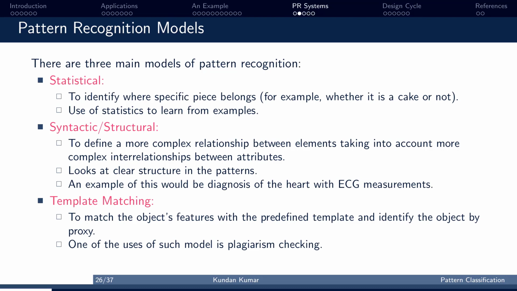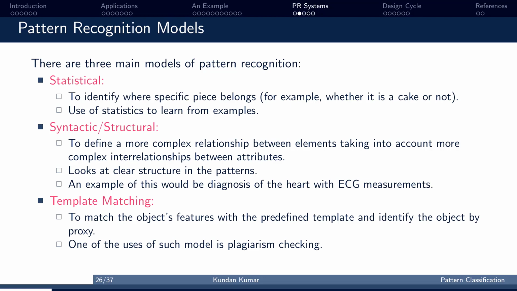However, the structural or syntactic pattern recognition model finds the complex relationship between the elements. For example, suppose we are recognizing a face. In the face, there is a strong relationship between the positions of the eyes, nose, and lips.